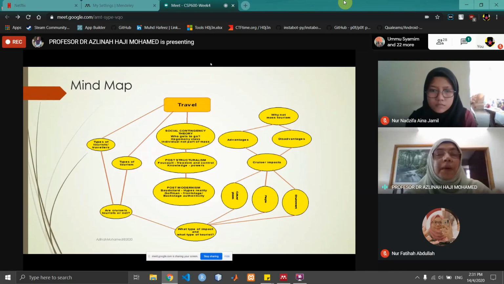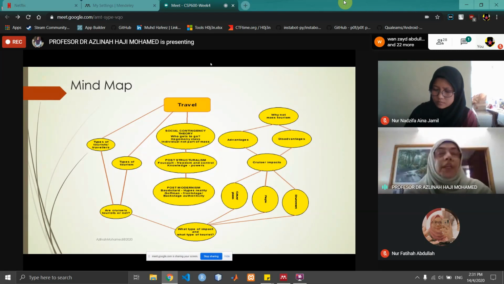In this case, it's about traveling, and you see that it branched out to many important points in traveling. For instance, they are looking at types of tourists, they are looking at the types of tourism that are available, social contingency theory. This is a theory that they're looking at in travel.